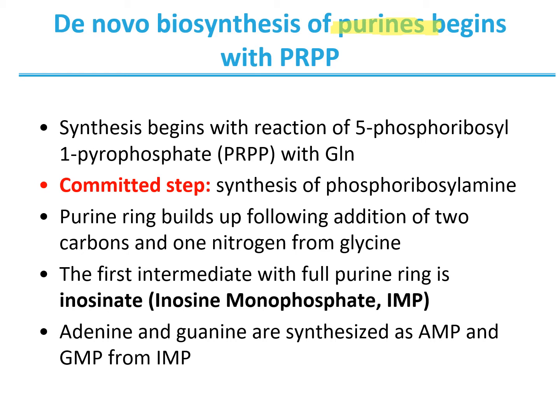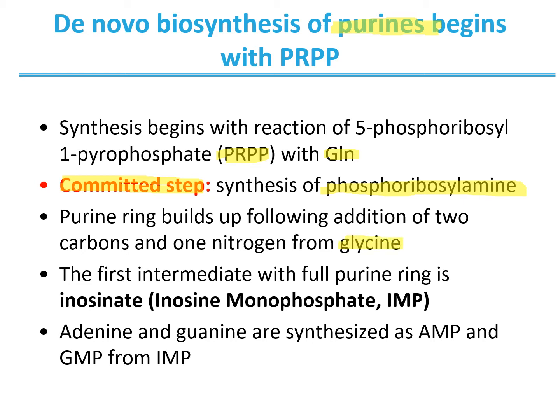So the actual synthesis begins with this PRPP joining with the glutamine amino acid, and this is the committed step of the cycle, the control point of the cycle, you can say the most important step, in which PRPP and glutamine join together to give us the phosphoribosylamine, and the purine ring will build up following addition of 2 carbons and 1 nitrogen from the glycine.